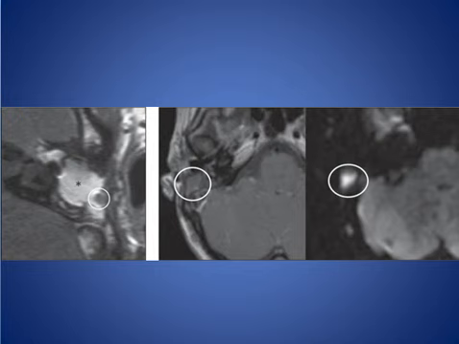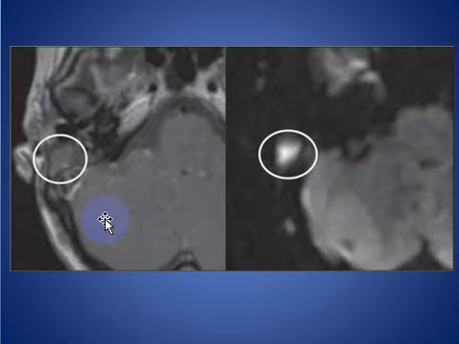As we see here, this patient has enhancing granulation inflammatory tissue in the surgical bed of the cholesteatoma, and there is restricted diffusion of the non-enhancing area, indicating that it is a recurrent cholesteatoma.